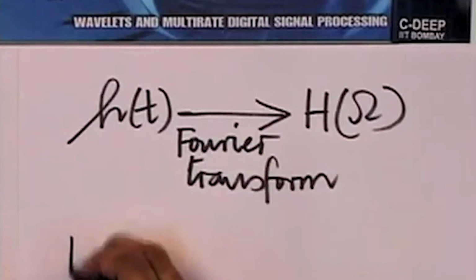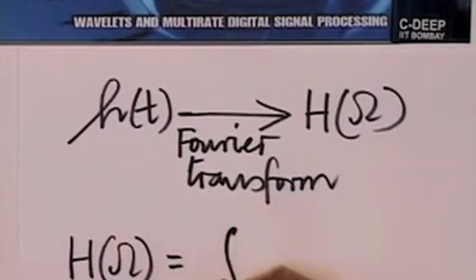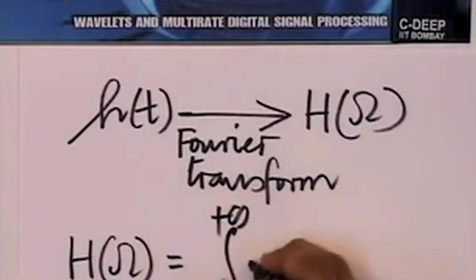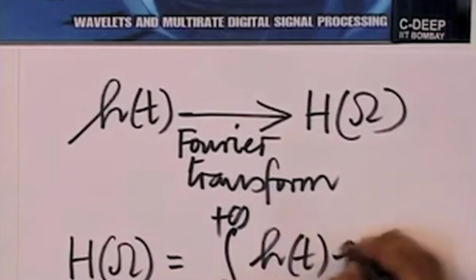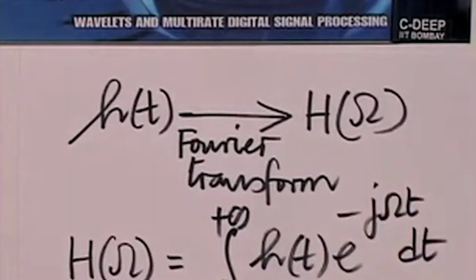Of course, we know capital H omega is integral from minus to plus infinity h t e raised to the power minus j omega t dt. And if we happen to consider alpha times H omega by alpha with positive alpha.